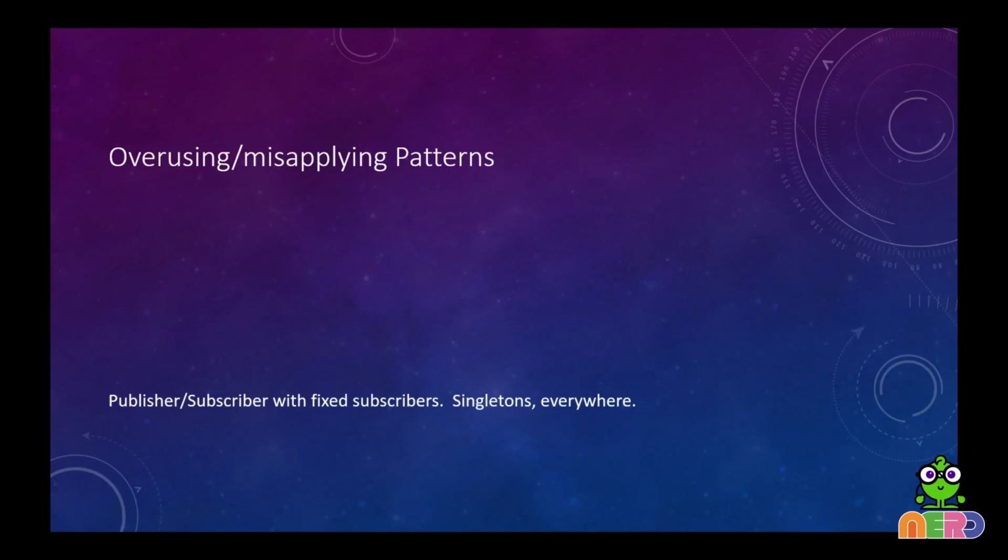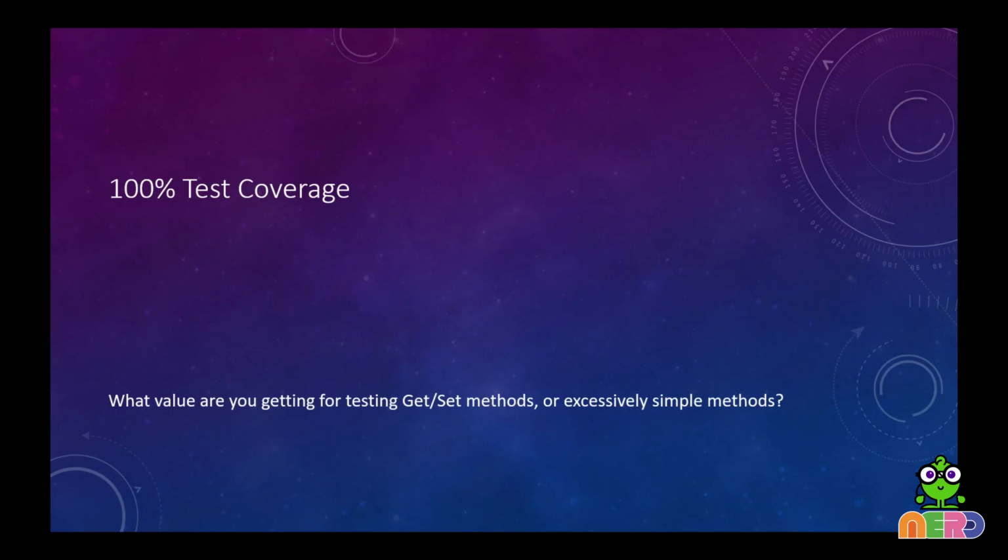Another example I've seen is people who use singletons, which is another great pattern, but they overuse it, and basically it's an excuse to have globals. Then I was thinking about other possibilities. Things like 100% test coverage. Somebody may be fixated on 100% test coverage, but do you really get value out of that last 5-10% of test coverage?